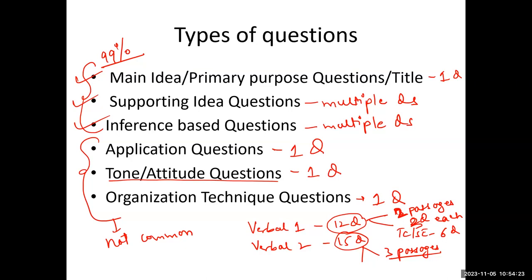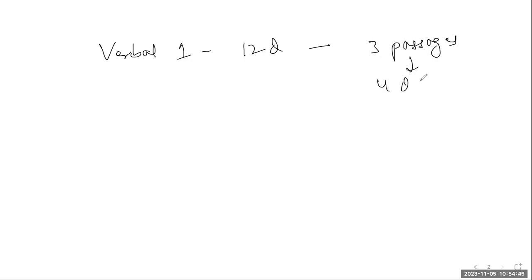Now, let me just share the whiteboard with you, because all kinds of permutation and combination is possible. In the first verbal section, because there are 12 questions, I can give you 3 passages. Each passage will have 4 questions. That's possible.